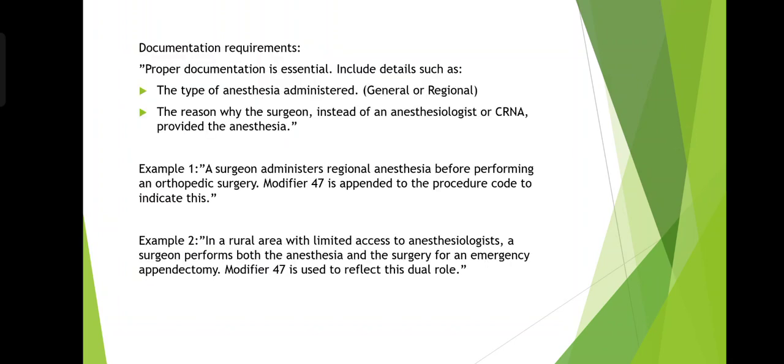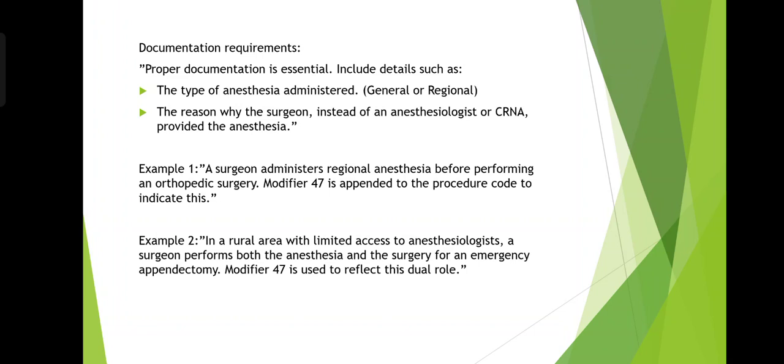What are the documentation requirements to code modifier 47 with the procedure? You need to see the type of anesthesia administered, that is general or regional anesthesia, and the reason why the surgeon, instead of an anesthesiologist or CRNA, provided the anesthesia.